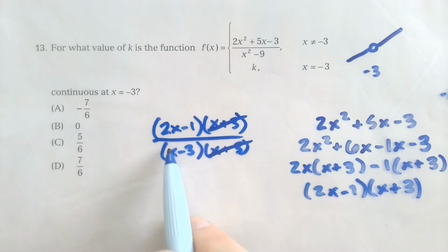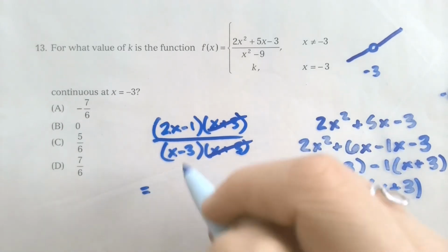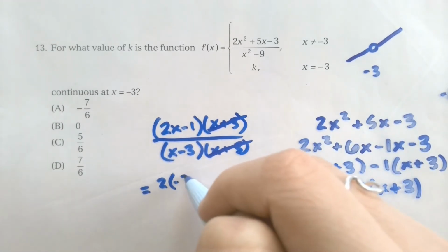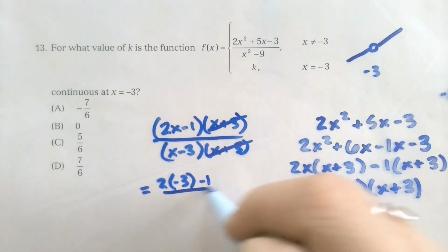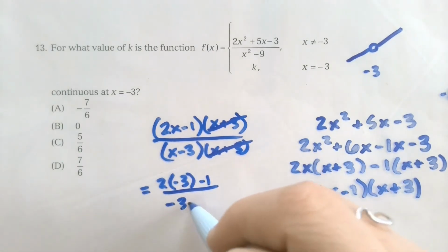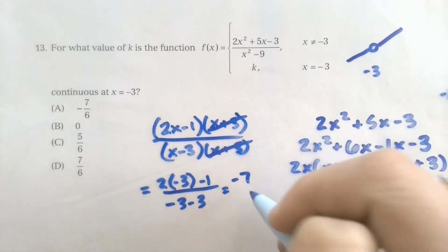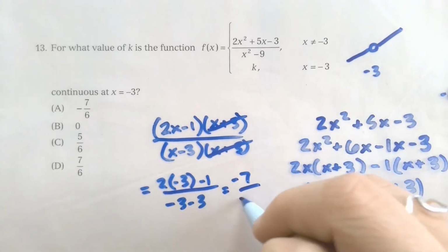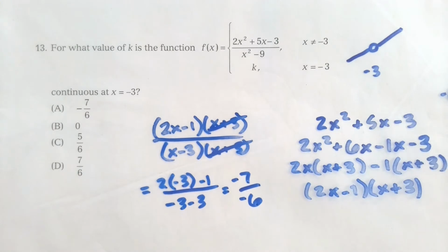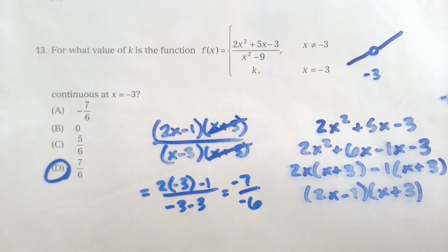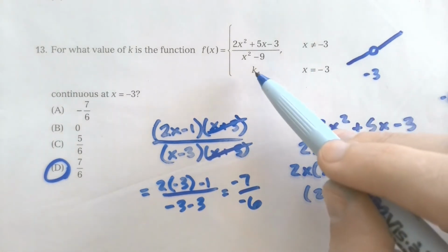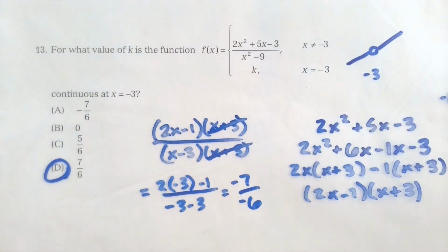And then now I can plug in that hole to figure out what our y value is at -3 for that hole. So in the numerator, we're going to have a -7. The denominator is a -6. So it looks like a +7/6 is where that hole is. So in order to fill in the hole, I need that k value to be at 7/6.